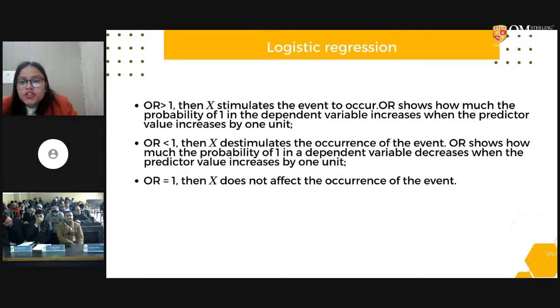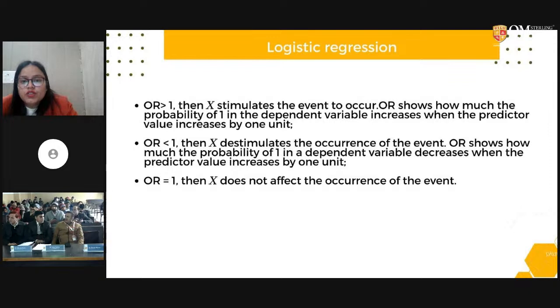And last, if the odds ratio is equal to 1, then you can say X does not affect the occurrence of the event. So, on the basis of the odds ratio, you have to identify whether it is greater than 1, less than 1, or equal to 1. If the odds ratio is greater than 1, you can say a 1 unit increase in the predictor increases the dependent variable. If it is less than 1, you will say that a 1 unit increase in the predictor variable, or your independent variable, decreases the dependent variable. So this is the kind of regression analysis we do in logistic regression.